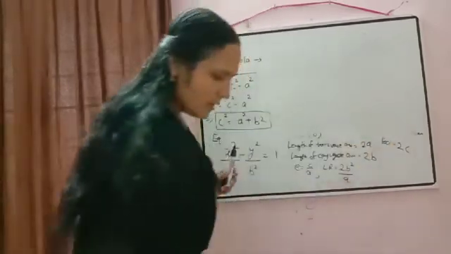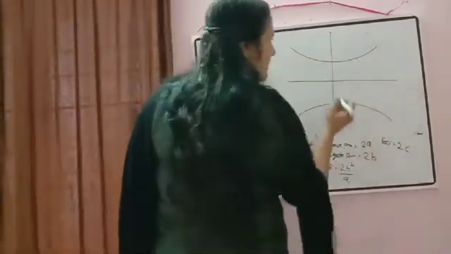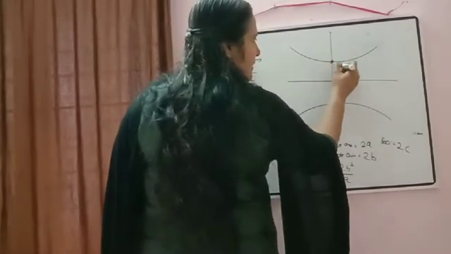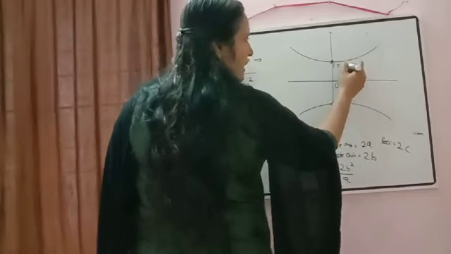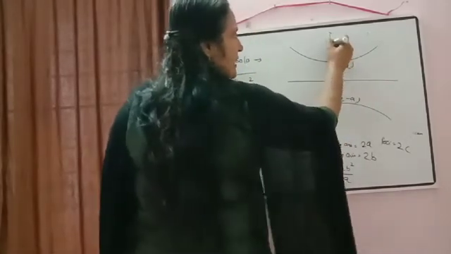Not necessarily that the transverse axis will be along x-axis only. It can be along y-axis also. Means the diagram can be in this way also. One is here, the other one is here, and then again we have a point here. So here the coordinates of vertices will be 0 comma a. Here we will have 0 comma minus a.